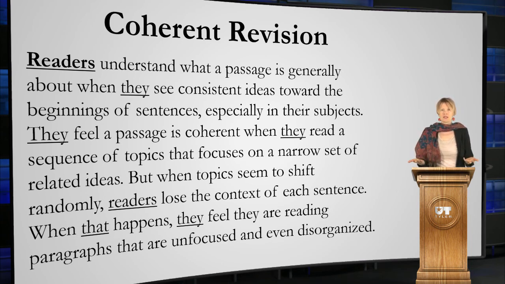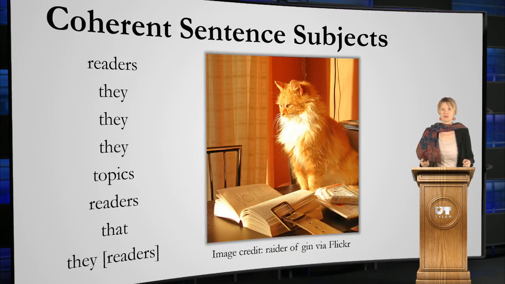So you can skim over it and see that readers, they see consistent ideas, they, etc. And then a that is in there that's referring to topics. So either readers or topics are consistently what you see at the beginning of sentence subjects.